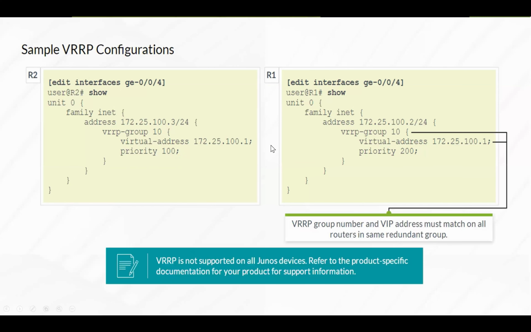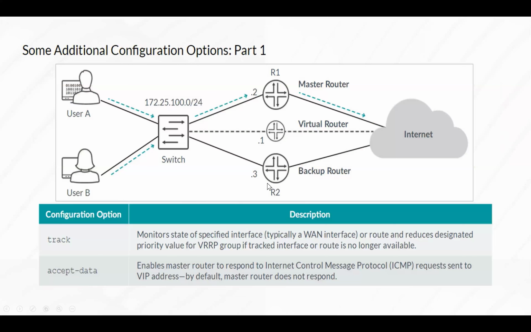So next, there is some additional configuration you can add. Suppose this link is okay, this link is okay, your router is also okay, but your WAN connectivity goes down.